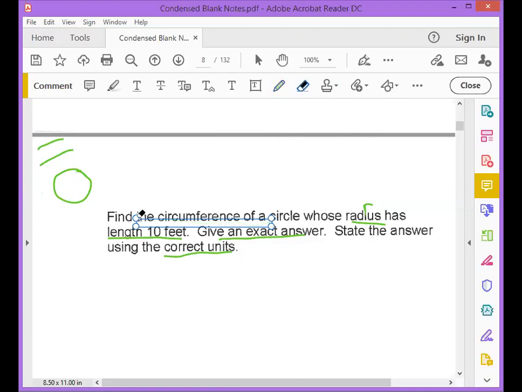So our circumference formula, there are 2 that we are most familiar with. We'll use C to represent circumference. You can use the formula 2 pi r or pi times d.